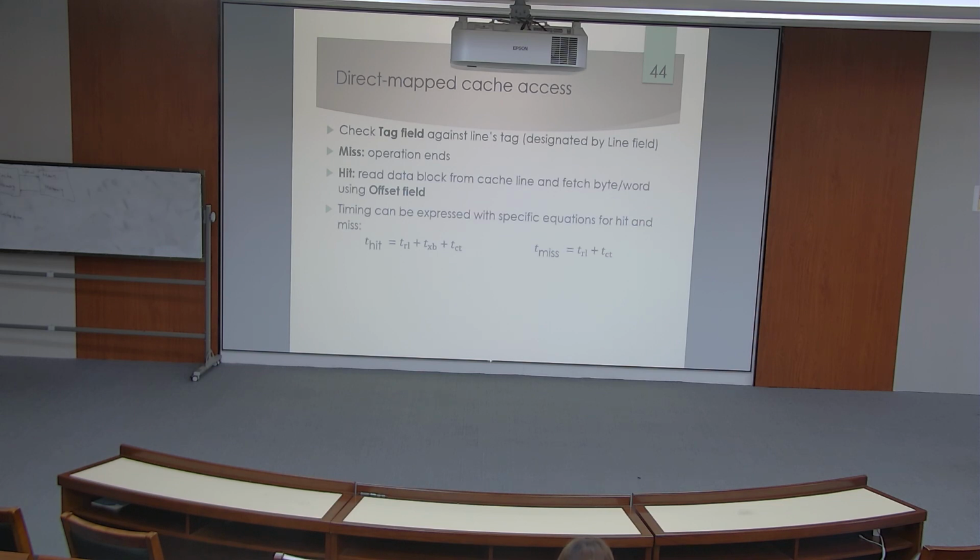If the data is not available in the cache memory, we need to calculate the time for a miss, which equals the time that the system will spend on reading the data plus the time that the system spends on comparing the tags, the TCT. So here we can easily calculate the time for a hit and the time for a miss for direct map access.